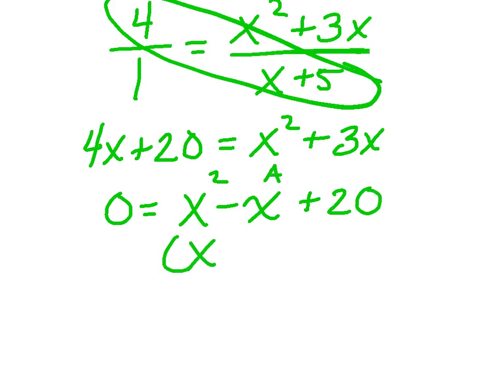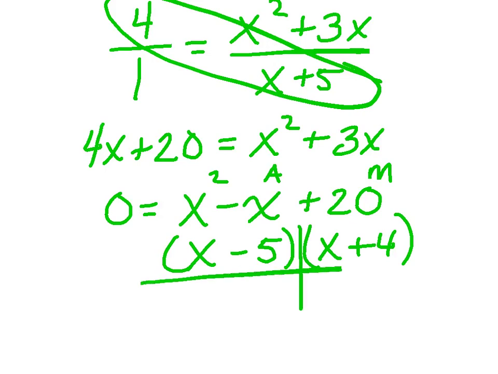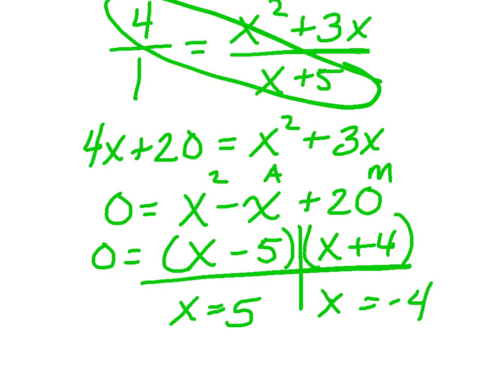Factor, remember you're adding and multiplying. So I'm thinking 5 and 4. If I want a negative, that's going to be negative positive. So I get x equals 5 and x equals negative 4.